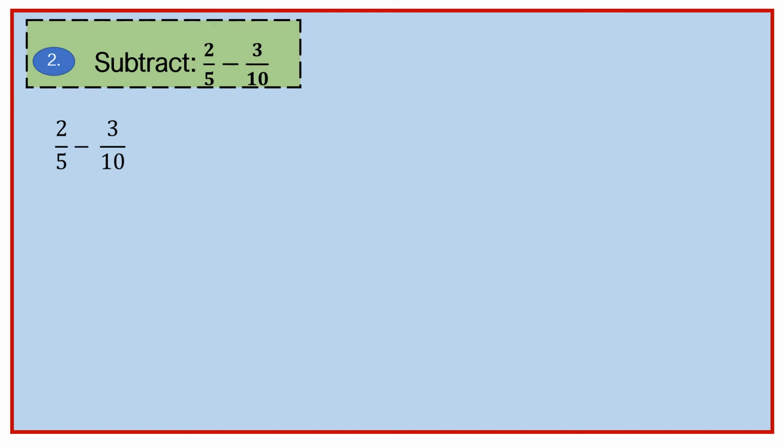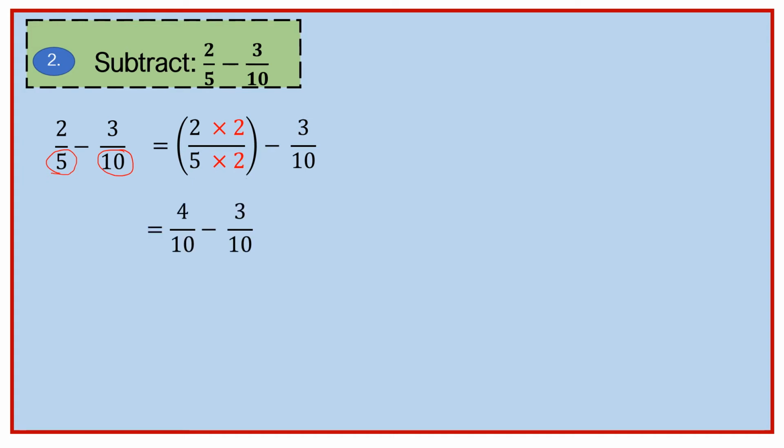You see that for this example, the denominators are not the same. So what we have to do is to make sure that these denominators are the same. We will get 5 times 2 and then 2 times 2. In that case, we will come up with 4 out of 10 minus 3 out of 10.